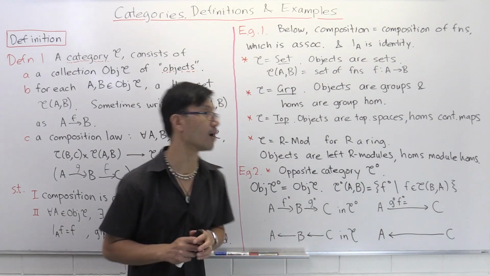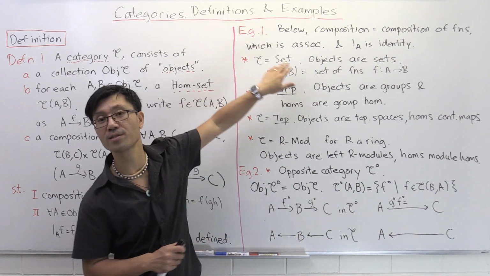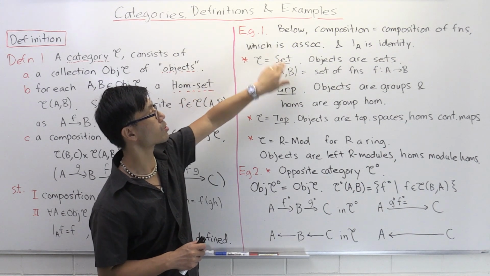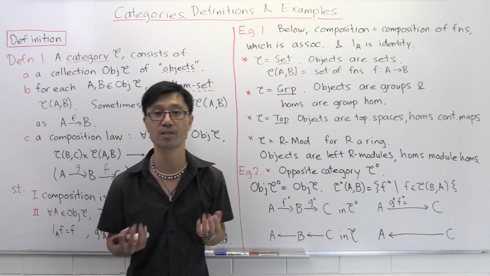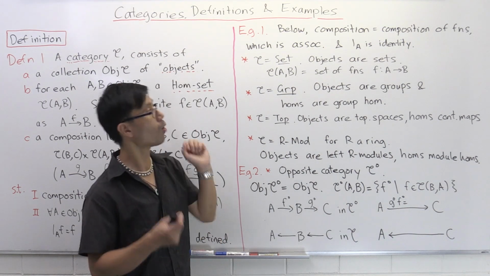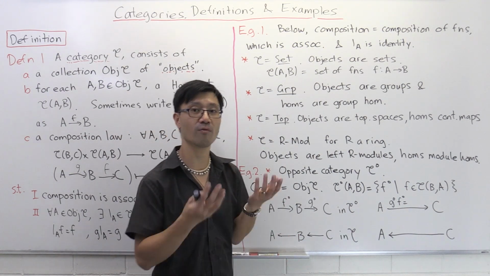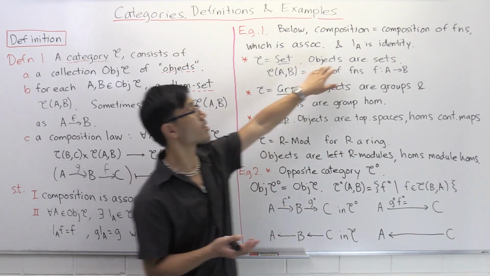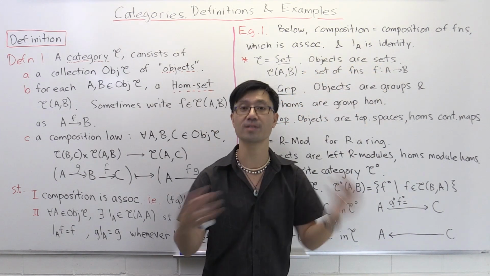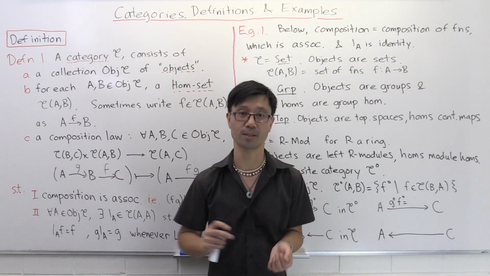Okay, so let's see what they are. The first one is the category of sets, and it's denoted like this. Of course, we write Set and put an underline to emphasize that it's a category. What's the data we need to give? We need to give a collection of objects. So what are the objects? The objects are sets, so it's the collection of all sets. That's the first piece of data.